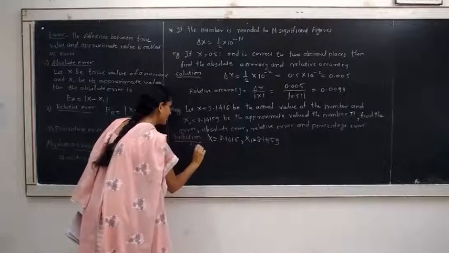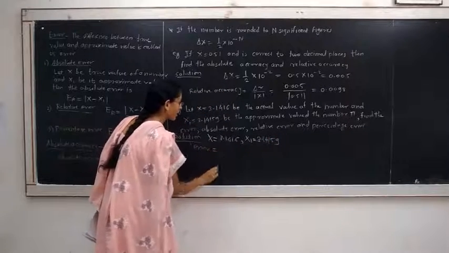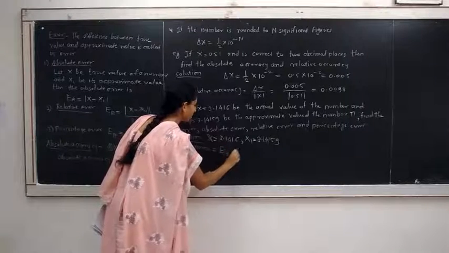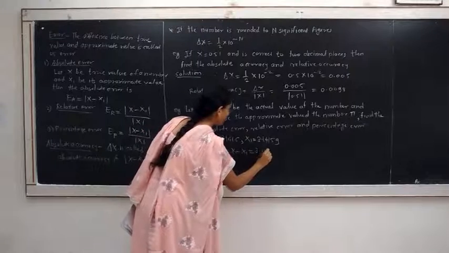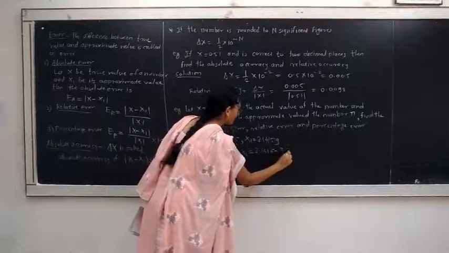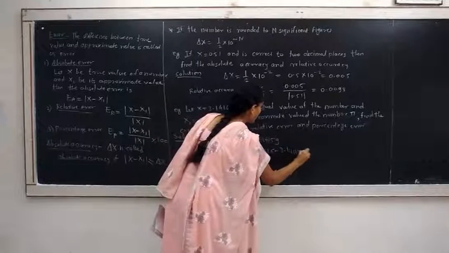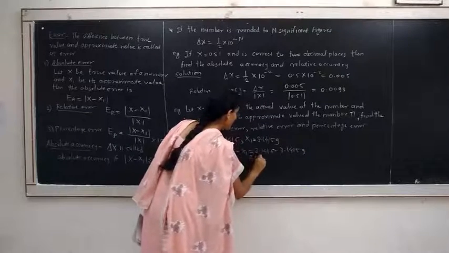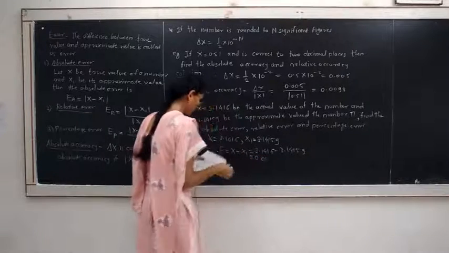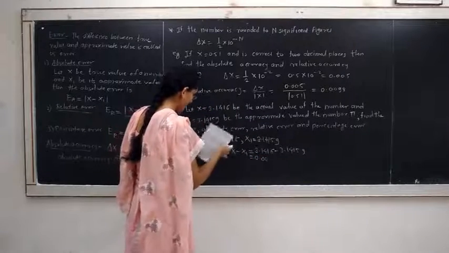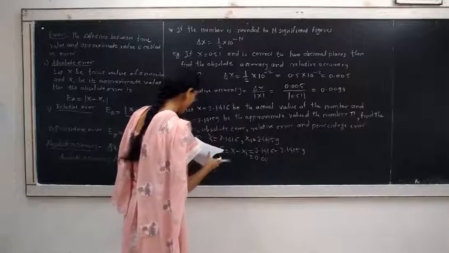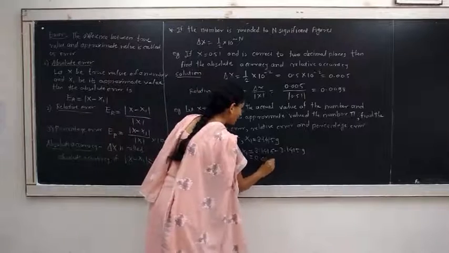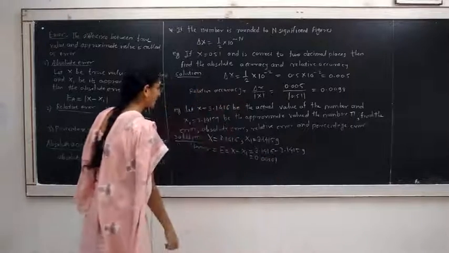Error is given by E is equal to x minus x1, which is 3.1416 minus 3.14159, which is 0.00001. This is the error.